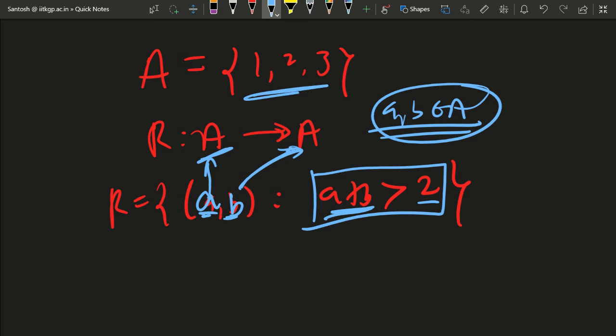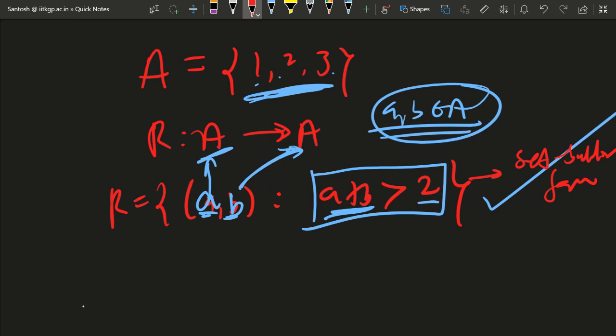Okay, so now you select. Set A is a family, so it has three members: 1, 2, 3. Now tell me, which element is related to which according to this definition? This form is called set builder form, and now I want to write this in roster form.